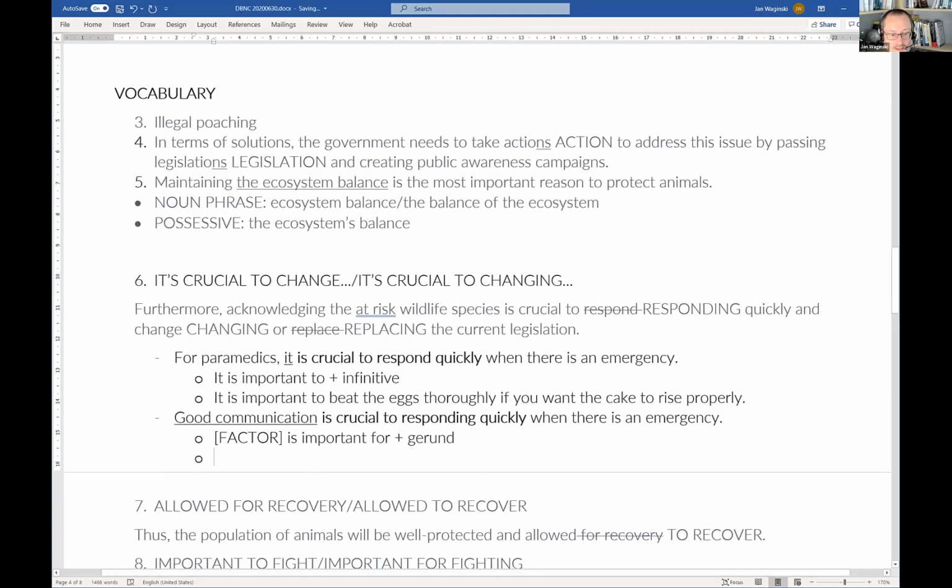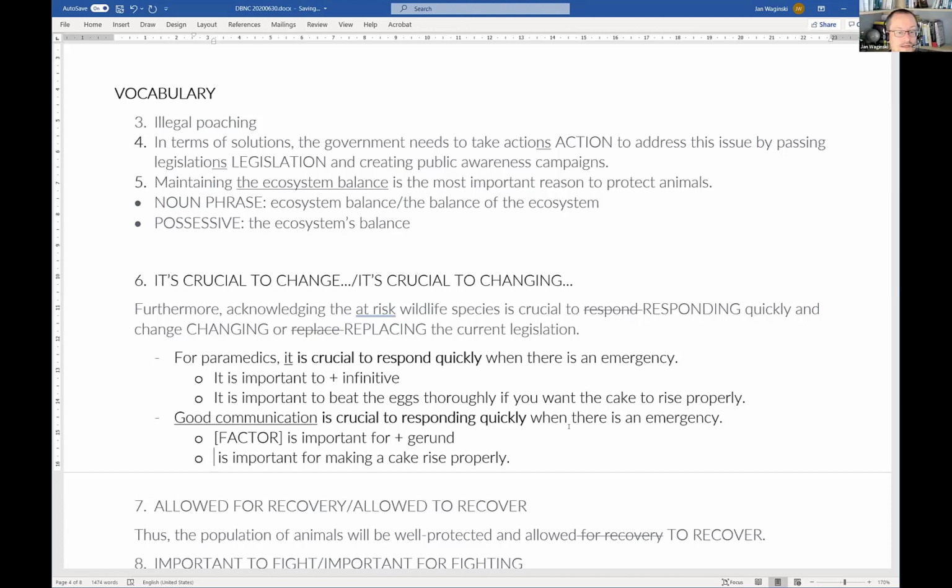Okay, so let's make another sentence. Okay, it's crucial to keep an eye on oven temperature while cooking or baking.